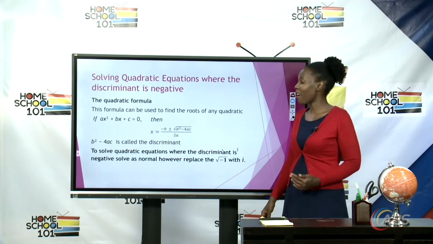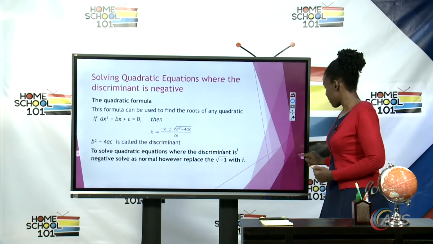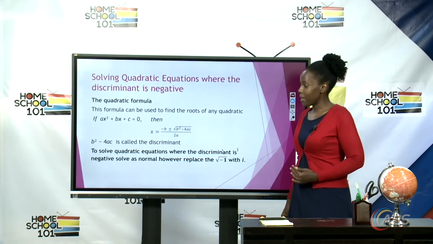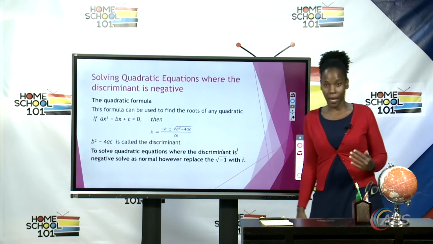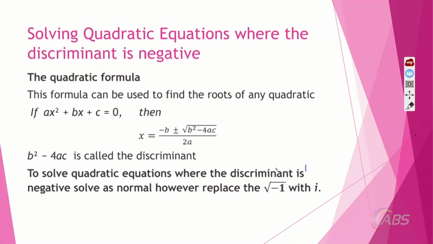This is what we call the discriminant. And when we're dealing with complex solutions, b squared minus 4ac will be negative. With normal quadratic equations, b squared minus 4ac would give us a positive value.